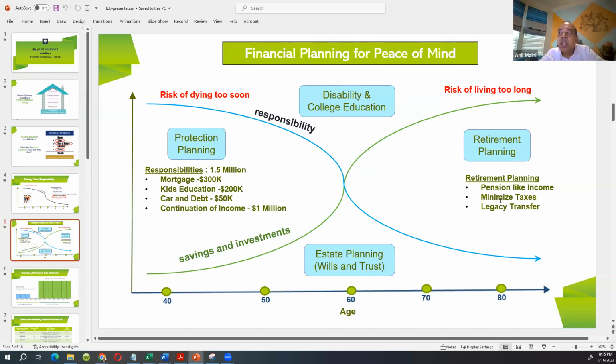They will take out $3,000 every month from IUL and pay off their mortgage. They will continue to do that for another 15 years. This way, they will have retirement planning also done. If they put higher money into IUL, they will have leftover money for their retirement as well, which is zero tax.